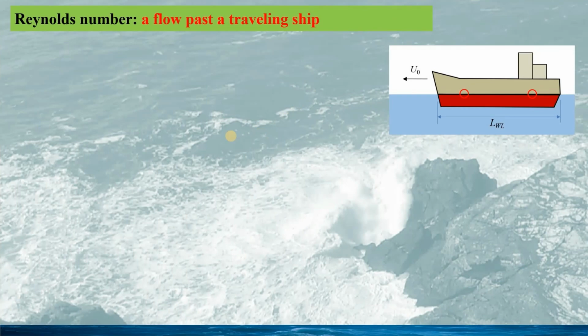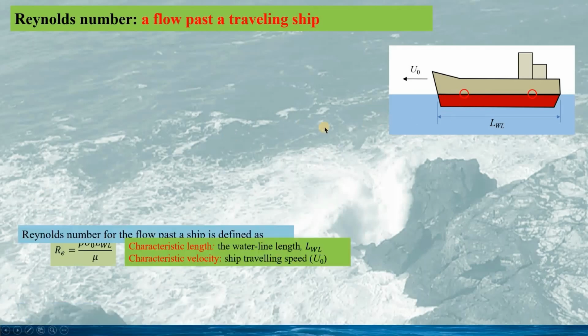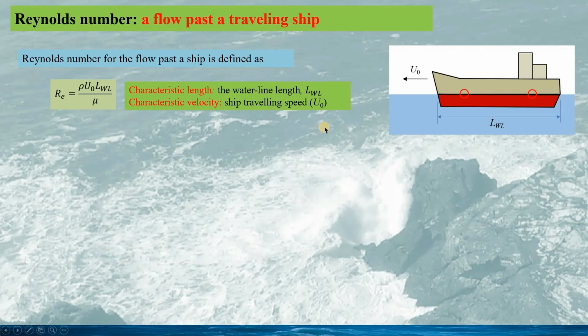In this slide, we will look at the Reynolds number for a ship traveling on seas. The Reynolds number is defined as this. Here, the characteristic length is defined as the waterline length L_WL, and the characteristic velocity is the ship velocity U0.